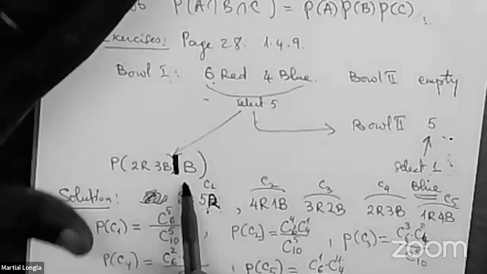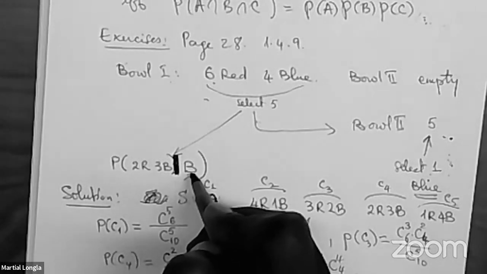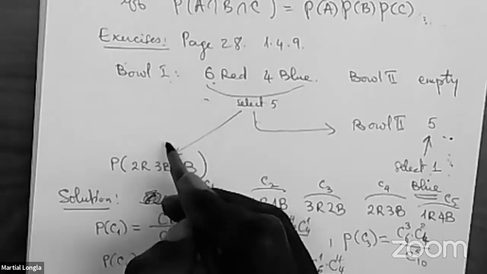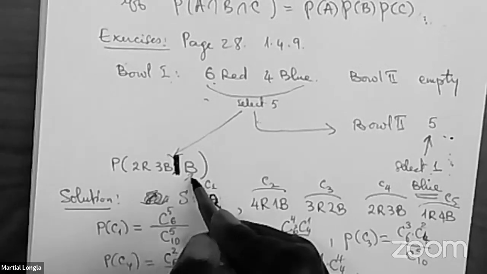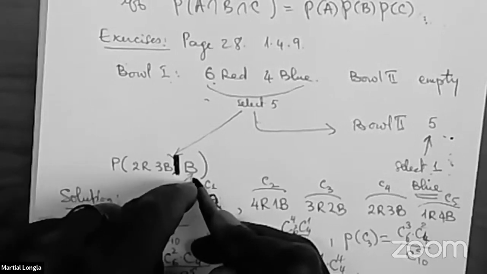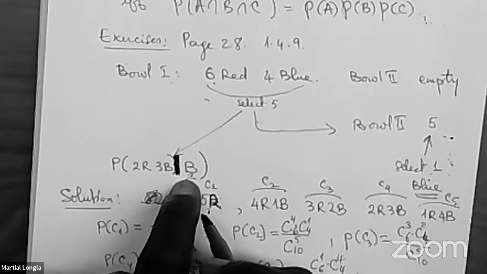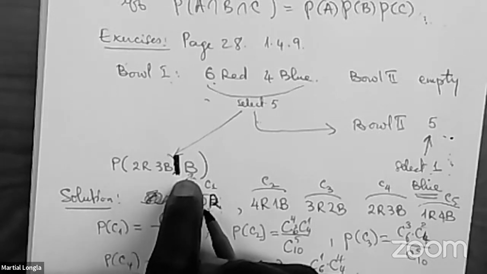When you write down everything, you know that this is the outcome of the experiment. And anytime you write the formula, you see that the outcome of the experiment is on this side, right? Does that make sense?